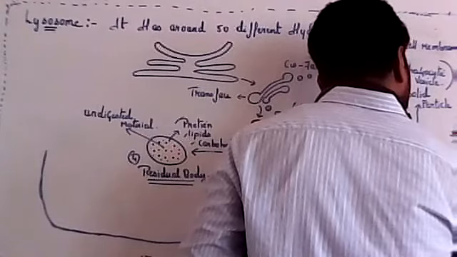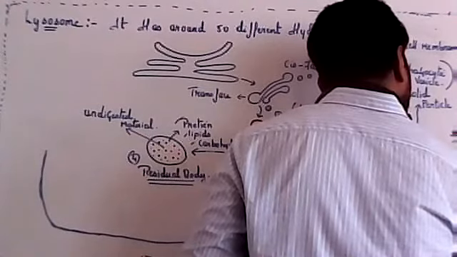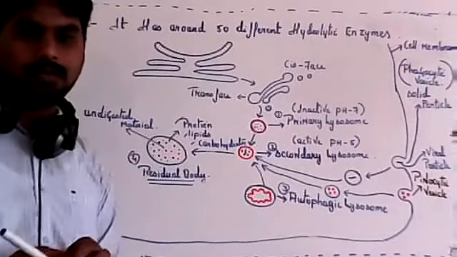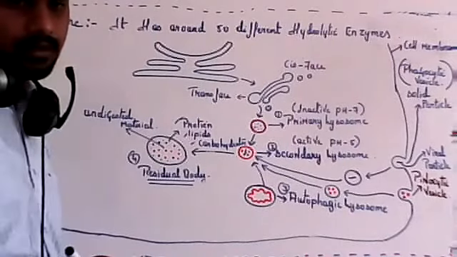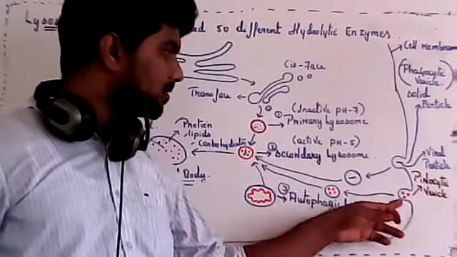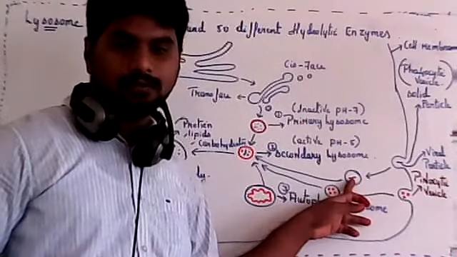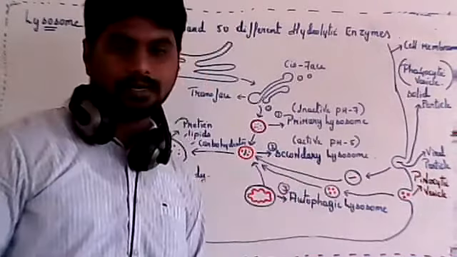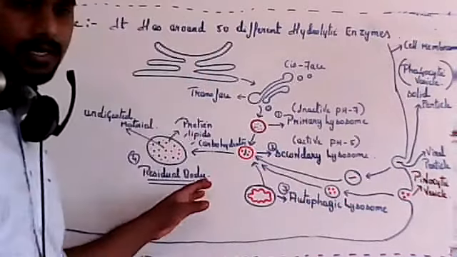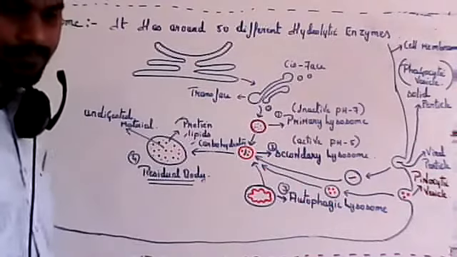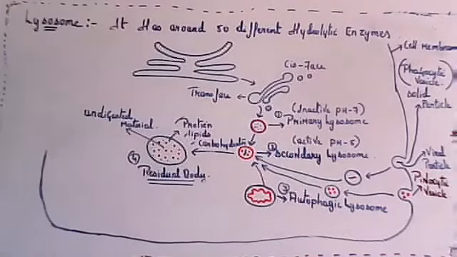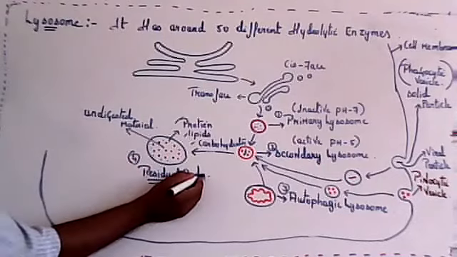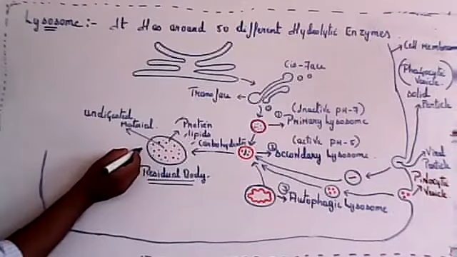So in case there is a viral infection and that virus has to be taken inside and killed, it is killed by the secondary lysosome. Everything will be killed in the secondary lysosome. After this, the residual body, sorry, this is the residual body.